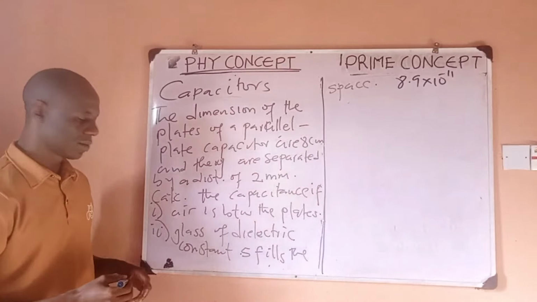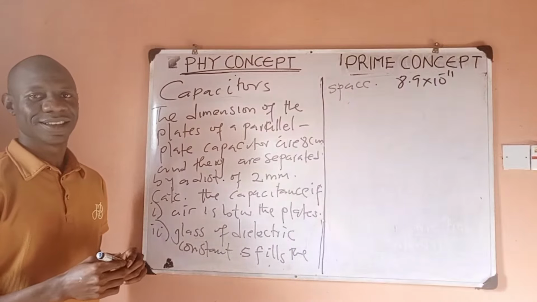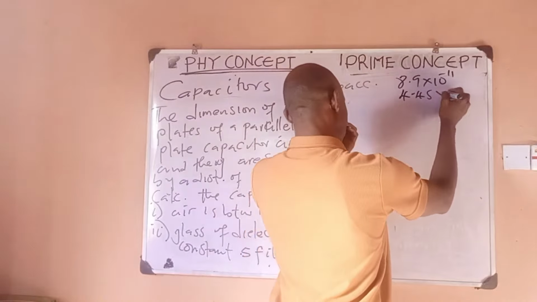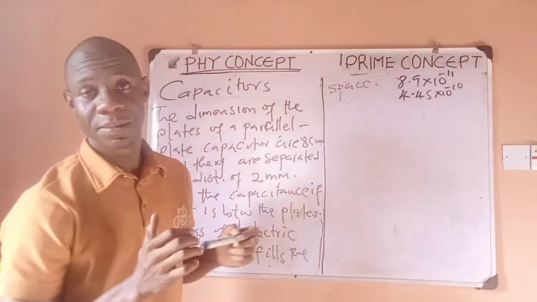What about number 2? Is it the only one that's produced an answer? Yes. Okay. 4.45 times 10 raised to the power minus 10. Okay.